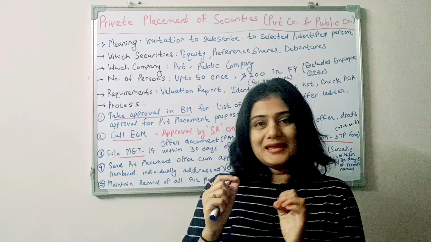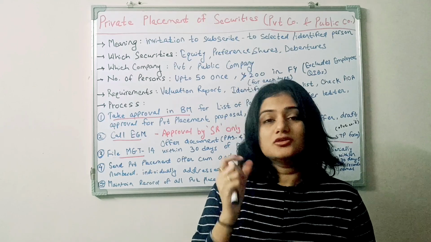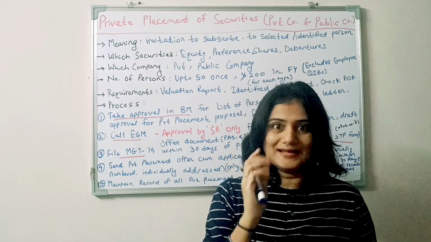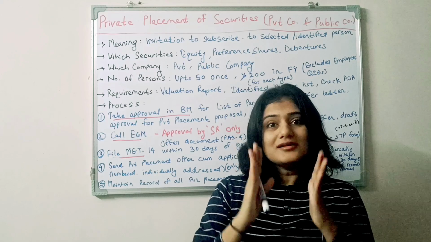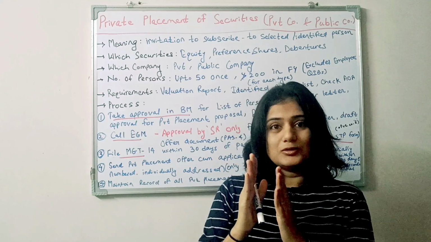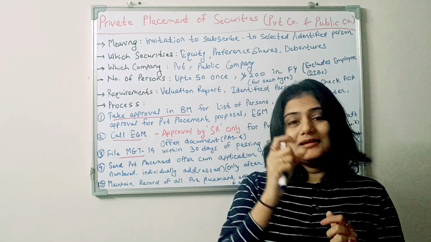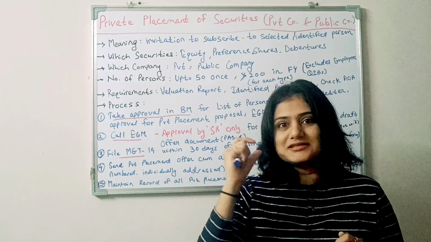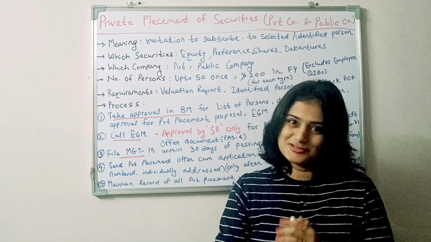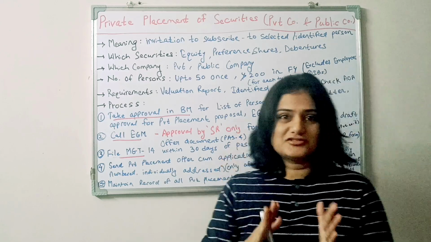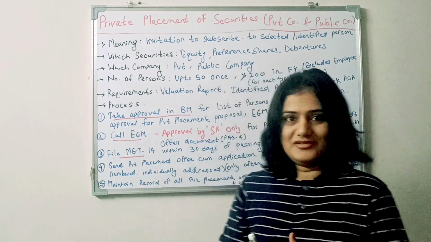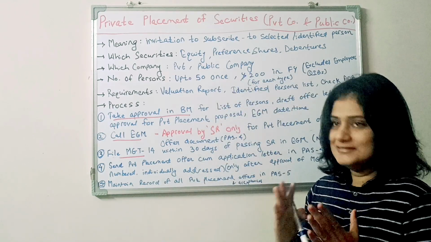So if I am making offers in the whole financial year, the number of persons should not exceed 200 for a particular security. It is calculated based on the type of security. That means for equity the limit is 200, for preference shares the limit is 200, for debentures the limit is 200. And this excludes the employees as well as qualified institutional buyers for calculating this number.